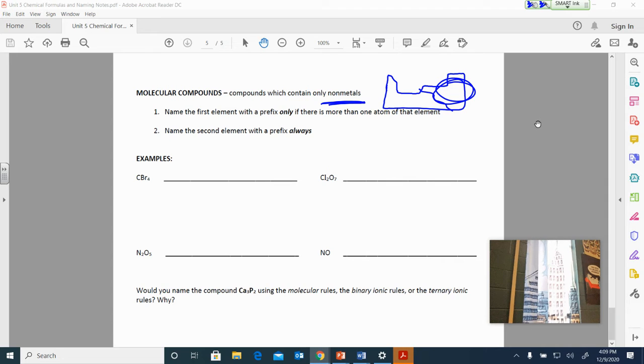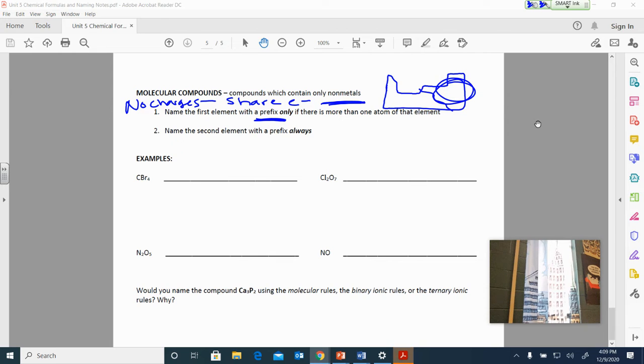So the non-metal bonds, they share electrons. Remember, if they share electrons, there are no charges. We do not crisscross anything. So if there's no charges, then how we know how many are in the compound is by their prefix.